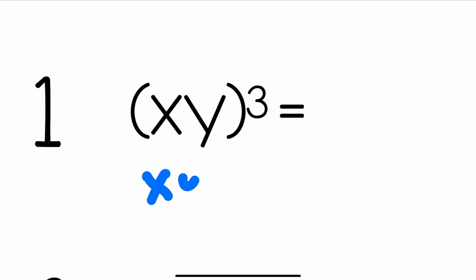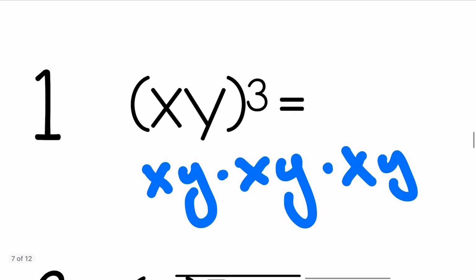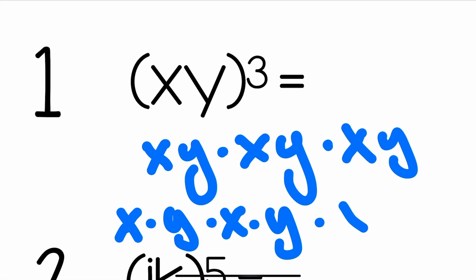So we've got xy times xy times xy. Well, we could expand that a little bit further. So we've got x times y times x times y times x times y. That's expanded as far as we can go.